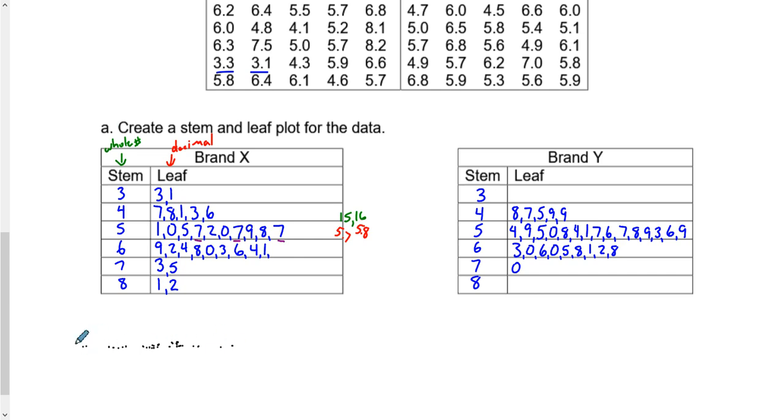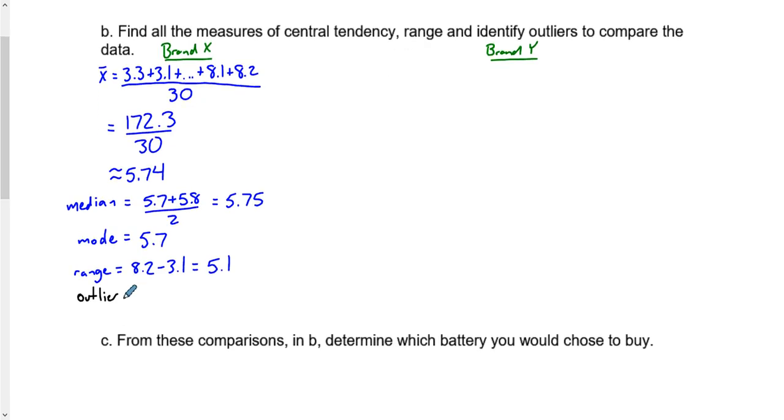These values that are just on the outside would just be too much. It's too far out. So we have multiple outliers: 3.1, 3.3, 8.1, and 8.2.